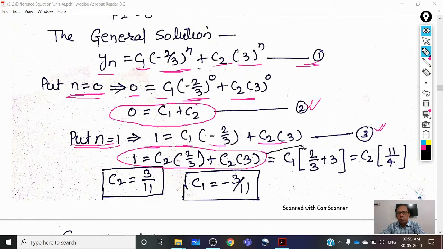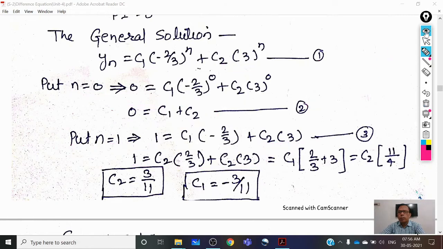So this is equation number 3. Solving equations 2 and 3, we get C1 equal to minus 3 by 11 and C2 equal to 3 by 11.